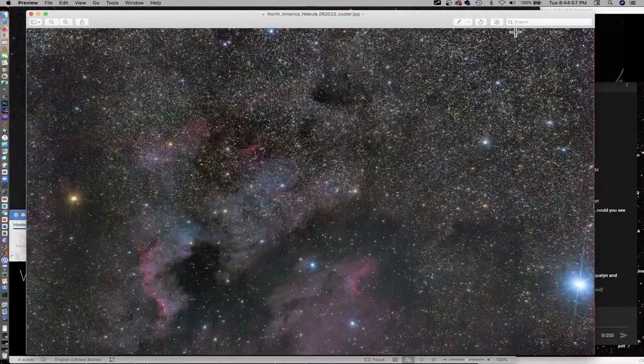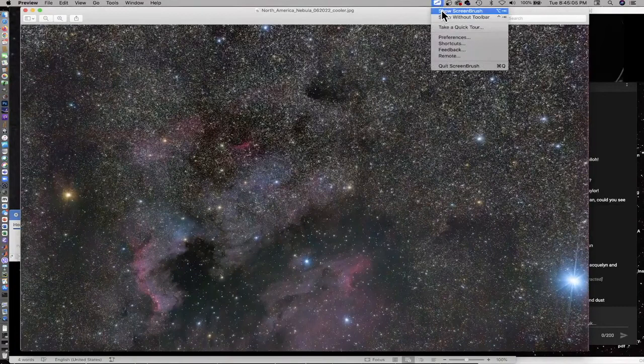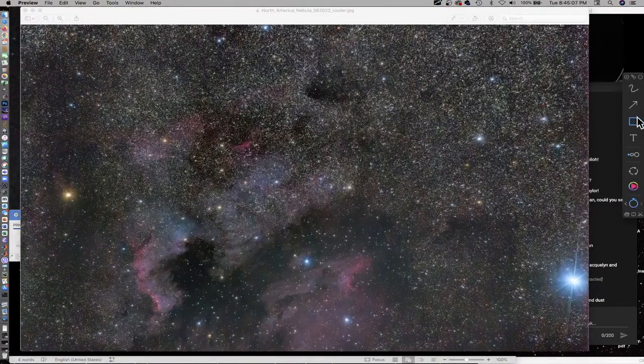Okay? Kind of cool. This is Deneb right here. This star over to the right, super bright. And this is known as the North American Nebula. Let me show you. So Mexico is kind of here. And you've got California over here, and then Canada, right?